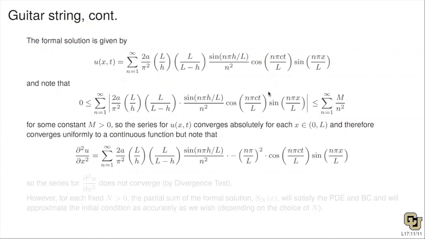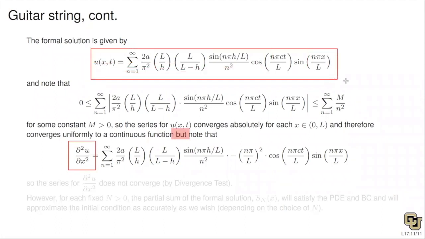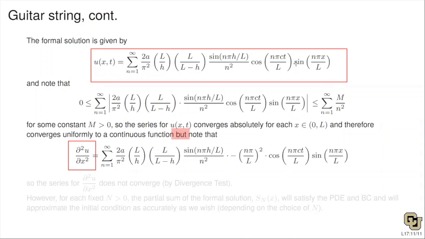However, look at this irritating thing. I'll stop right after this, but this is really annoying. If you take two x derivatives of the formal solution, we would differentiate this sine(n pi x over L) term twice. When you differentiate it the first time, one n comes out. When you differentiate it the second time, another n comes out.